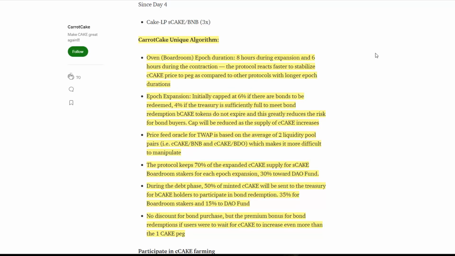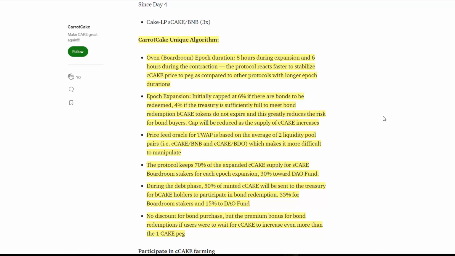So the bDollar is 6 hours, and this is 8 hours during expansion and 6 hours during contraction. The protocol reacts faster to stabilize CarrotCake price to peg as compared to other protocols with longer epoch durations.